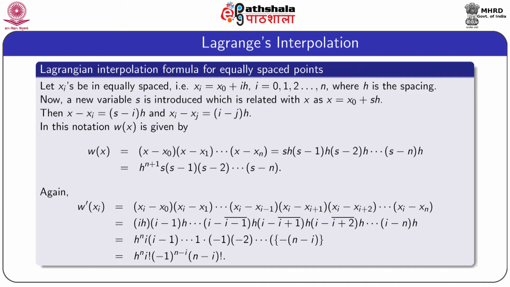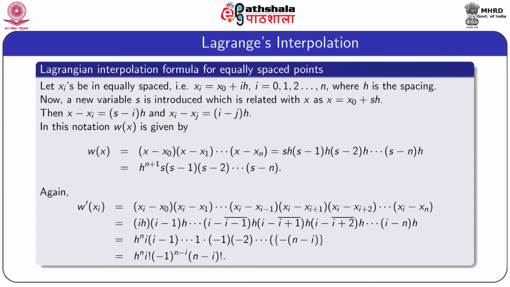Note that the number of terms in w'(xi) is n, so there are n factors of h. After simplification, this expression reduces to h to the power n into i (i minus 1) up to 1 and then (minus 1) into (minus 2) up to (minus (n minus i)). So, this term is again simplified as h to the power n, factorial i, into (minus 1) to the power (n minus i), and the last terms are nothing but factorial (n minus i).